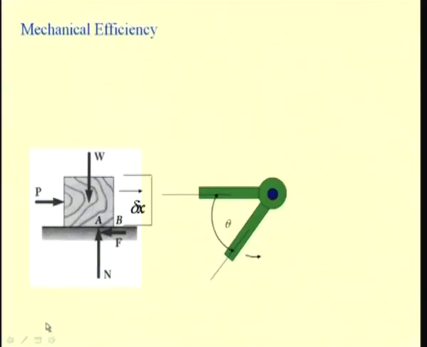So, now that we have seen that the friction dissipates energy in the form of heat, we can define the efficiency of a mechanical system as the ratio of the available energy to the input energy, where the available energy is nothing but the input energy minus the energy lost because of the heat dissipation due to the presence of friction.